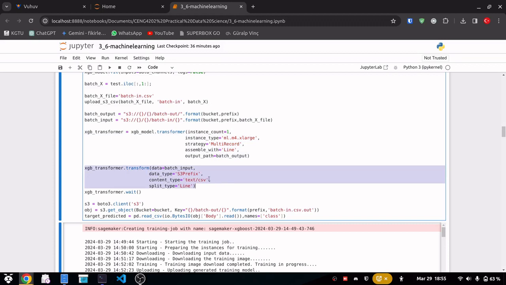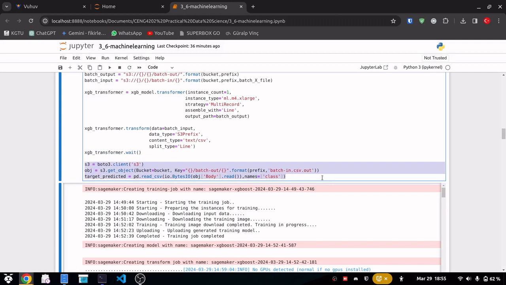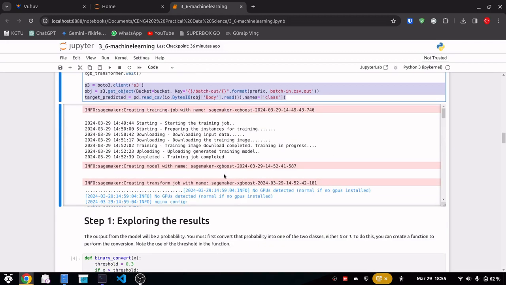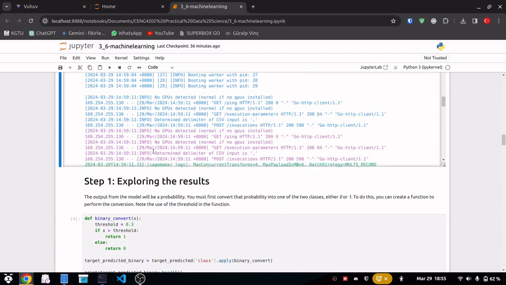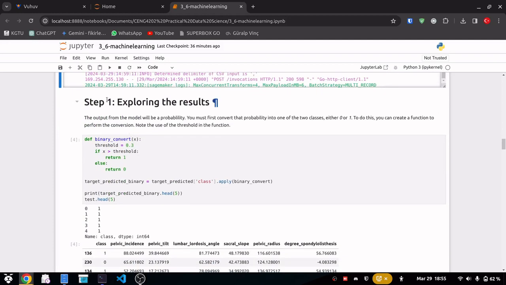Well, it will predict our batch basically, so we will wait for it, and after that we will save the outputs. As you can see in here, we have run it already.